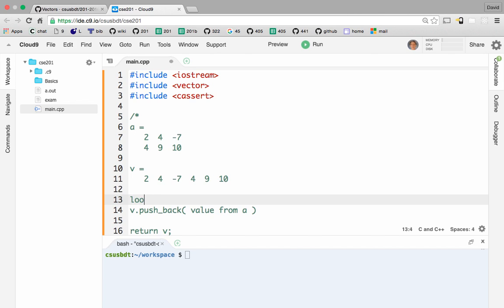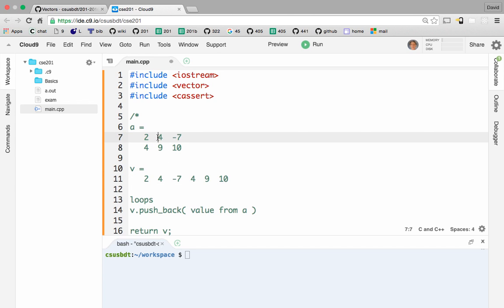You'll need some loops in there, more than one, because you have rows and columns to go through. So for each row, you want to run through all the columns in that row. For this row, you start with column 0 and push that in there.